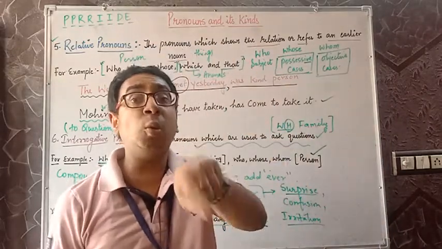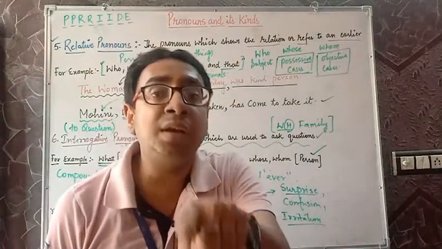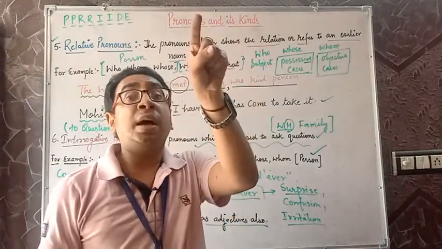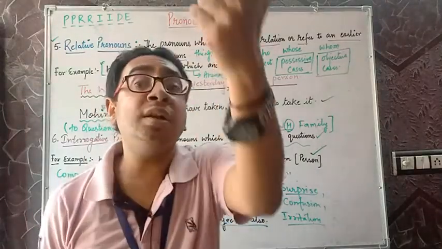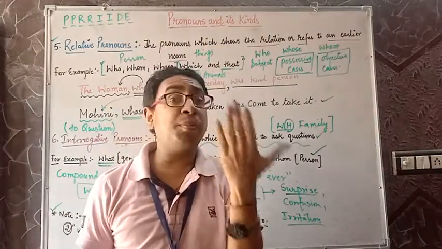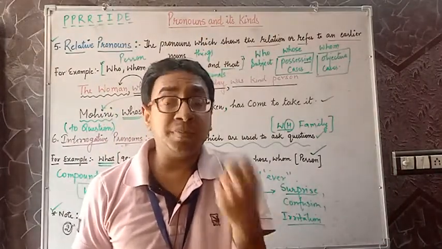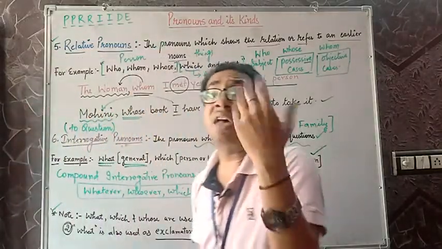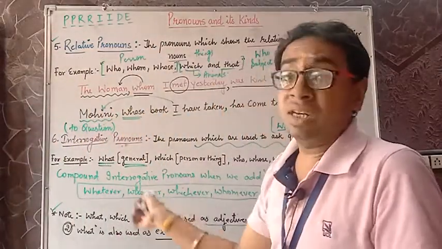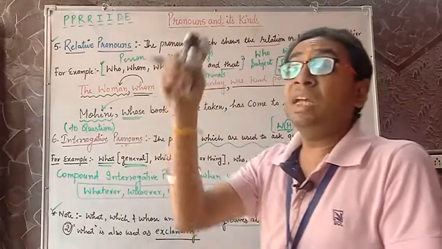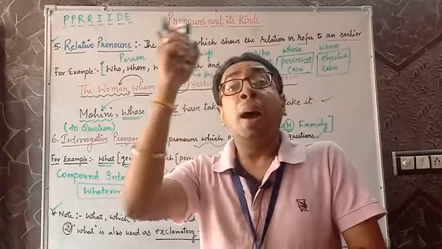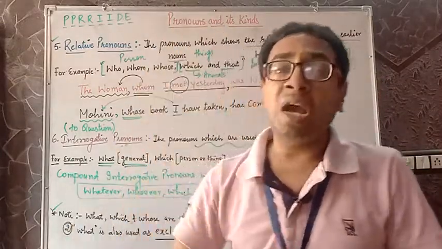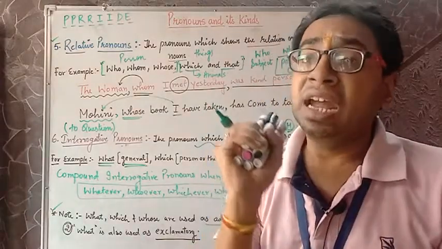Who is doing work, then it becomes a pronoun. Which is your city, that is again a pronoun. What is your name, that is again a pronoun, because we are asking a question to a person. But if what, which, whose appear before a noun, then it becomes an adjective.